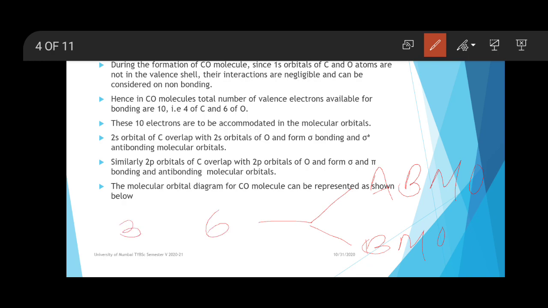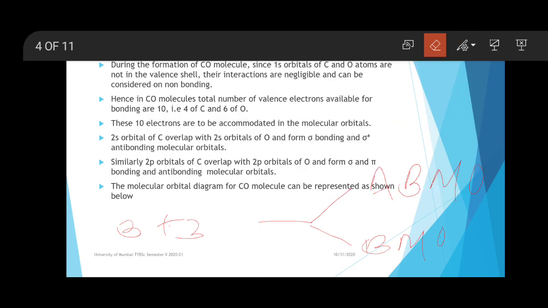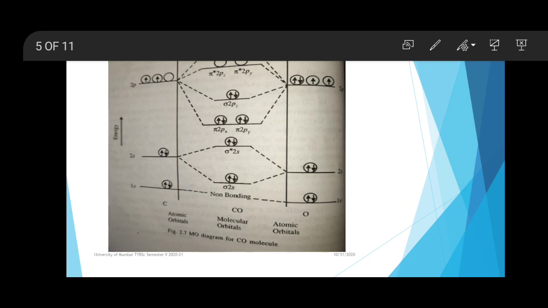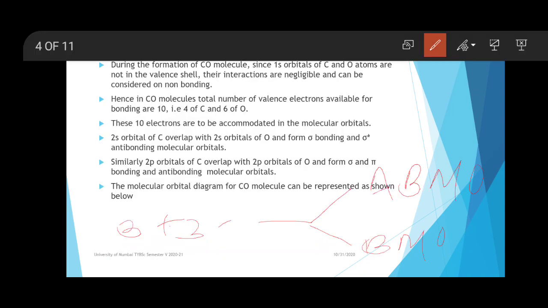Because 3 plus 3, 3 of carbon and 3 of oxygen, when they combine, there is formation of a total of 6 molecular orbitals. Out of that, 3 will be bonding and 3 will be anti-bonding.